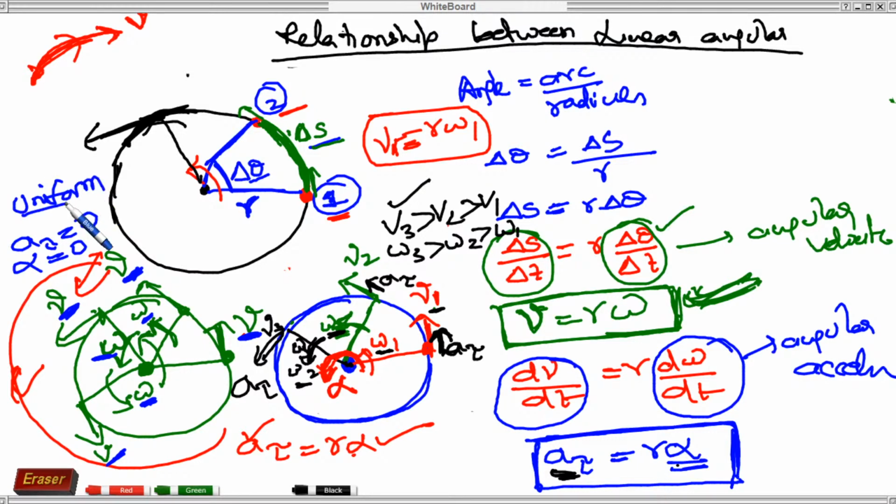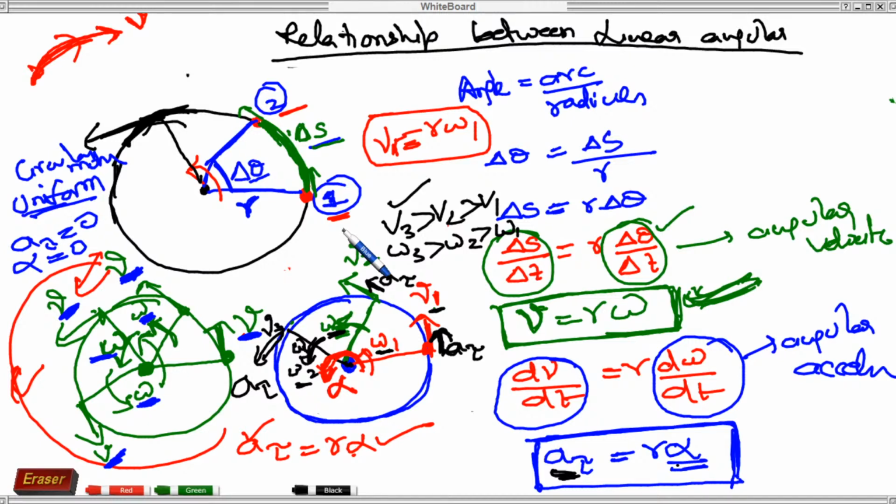Uniform means throughout it's the same: velocity is the same throughout the circle, and angular velocity is also the same throughout the circle. So this type of motion is uniform motion, or uniform circular motion, because our velocity is constant as well as the angular velocity omega.